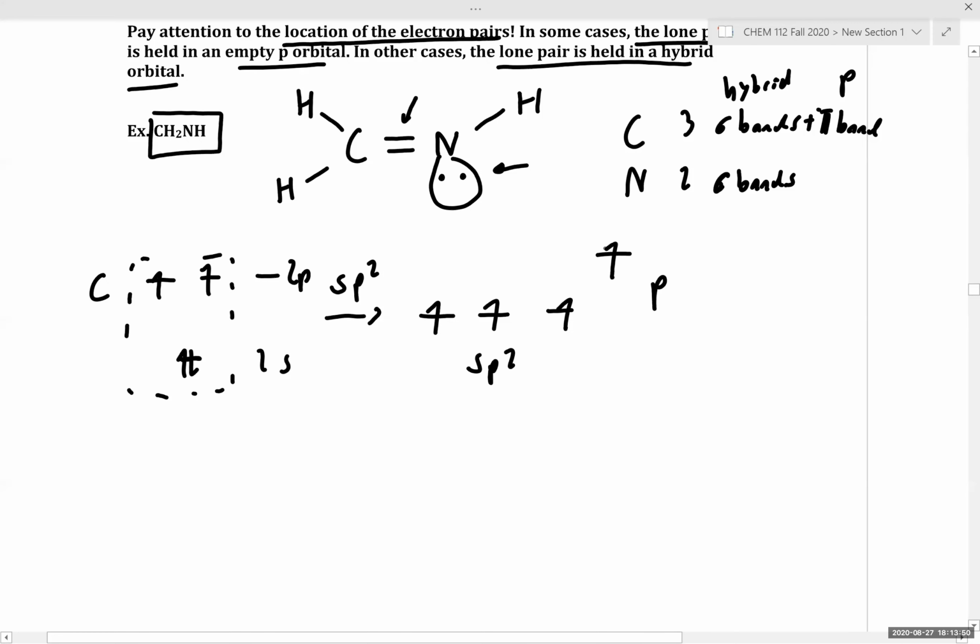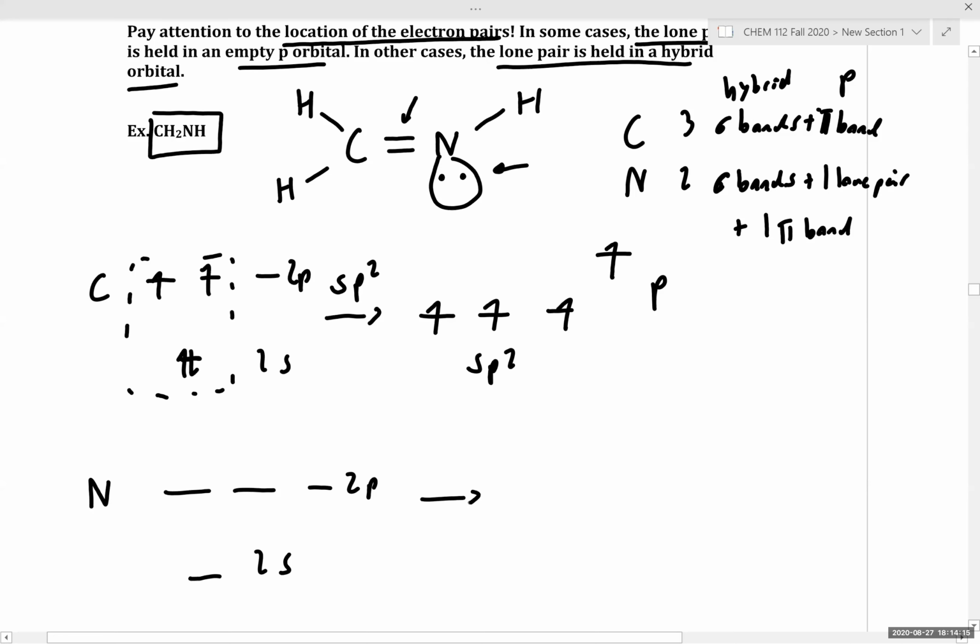Now looking at nitrogen, it needs to have 2 sigma bonds, 1 lone pair, and we want to form 1 pi bond. So let's look at the hybridization picture for nitrogen.